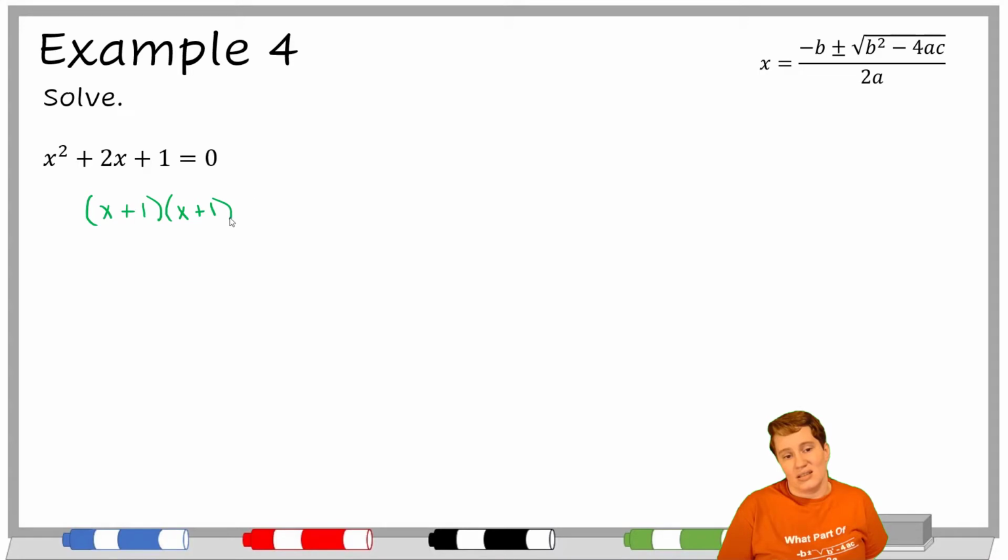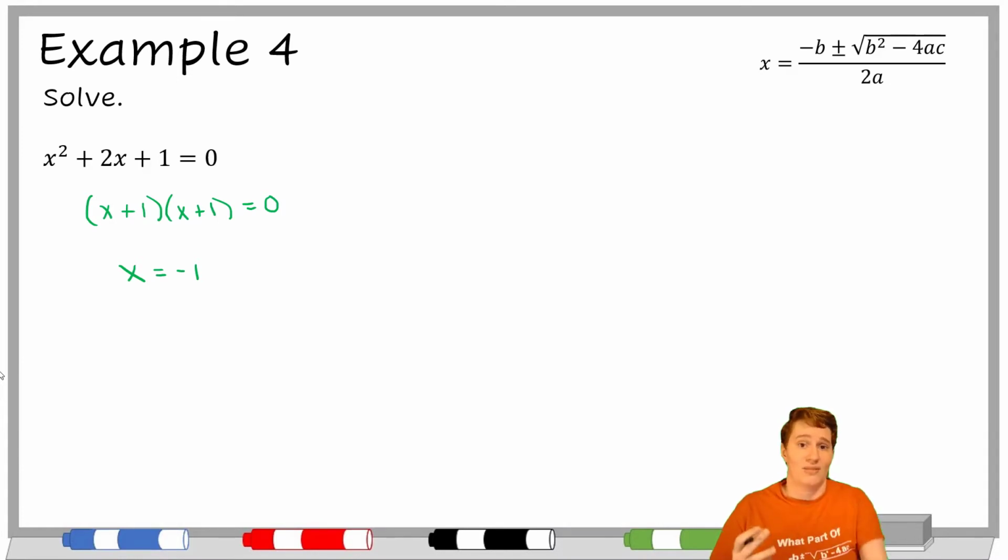In fact, the other reason I did this is because this gives us a rare situation where these are the same parentheses. So we actually get the same answer twice. X equals negative 1 is what we get from both of these parentheses. I may have mentioned before, there's this thing called the fundamental theorem of algebra that indirectly ends up meaning that whatever the highest power is, x squared in this equation, that's how many answers we should have if we include real and non-real answers.